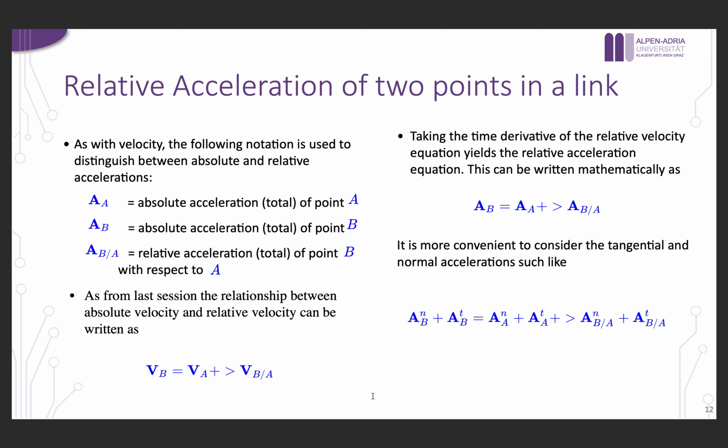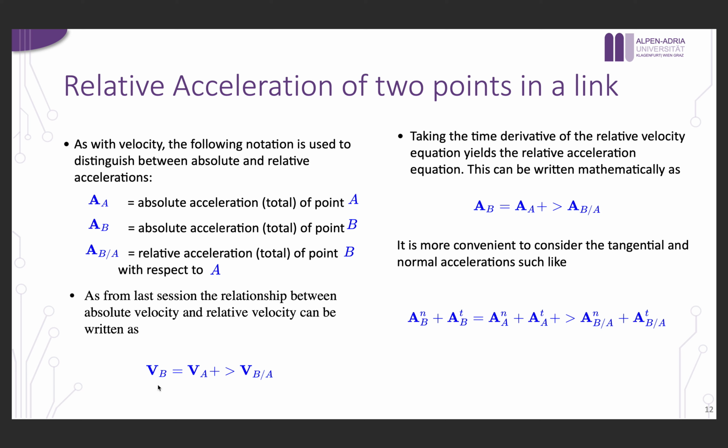Then we have B, which is moving with respect to A. So of course B has absolute acceleration, but it also has relative acceleration, and its absolute acceleration is equal to the absolute acceleration of A plus the relative acceleration between them. Okay.